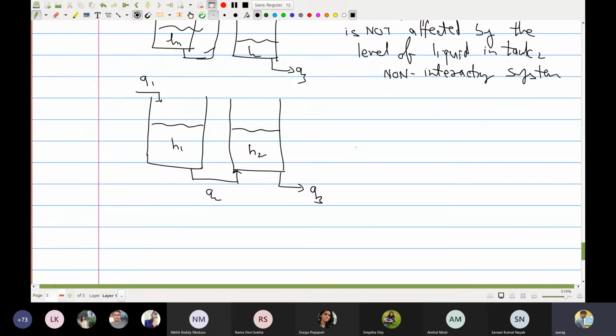Now in the second configuration, there will be a backflow. There will be a backflow depending upon the differences in the heights of H1 and H2. I should not say there will be a backflow. There can be a backflow depending upon the liquid levels H1 and H2. Therefore, these systems are interacting systems where the liquid level H1 is a function of liquid level H2.